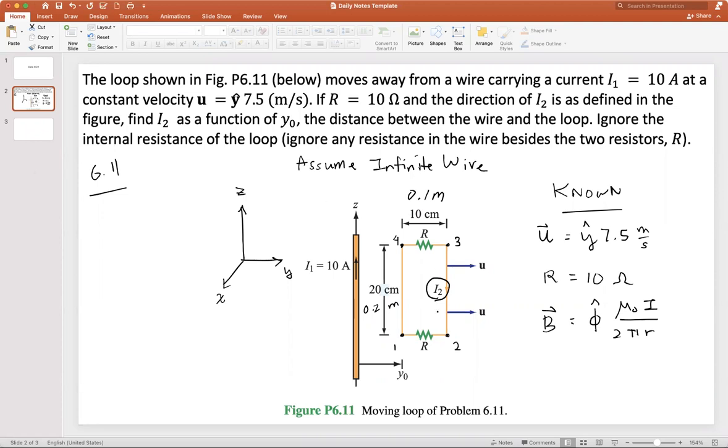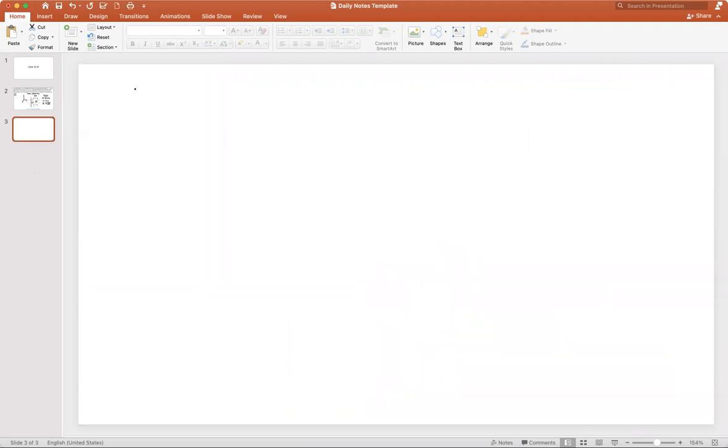So we're going to find the current I2 on this loop. Looking at this current I2, we know that the current is going to be due to an electromotive force. We have two electromotive forces we can consider, the transformer EMF and the motional EMF.